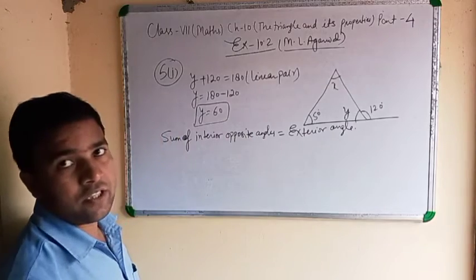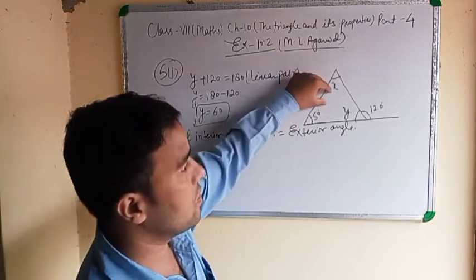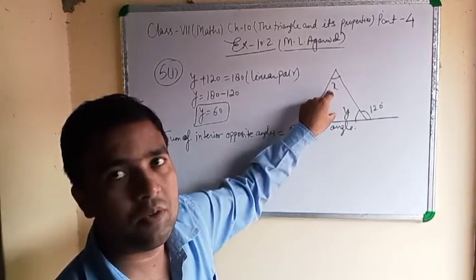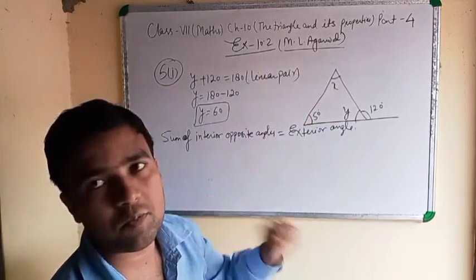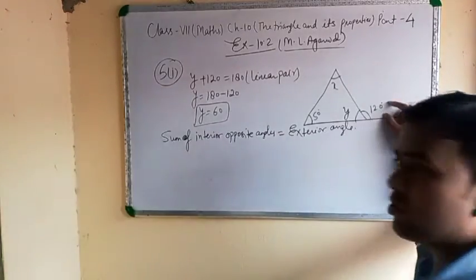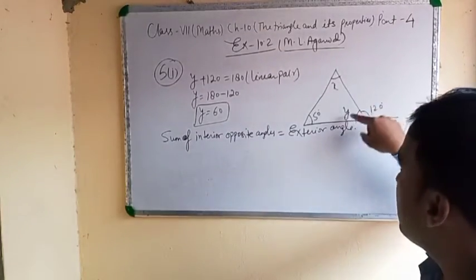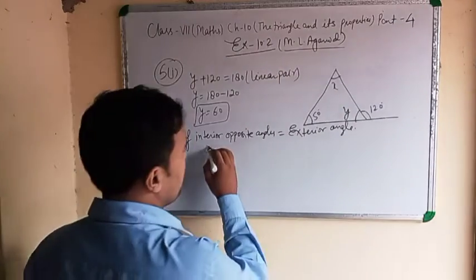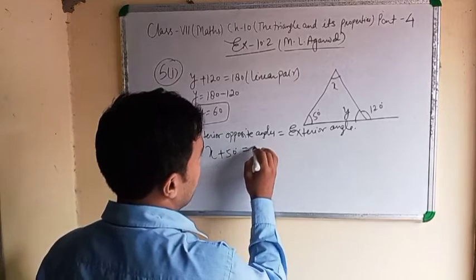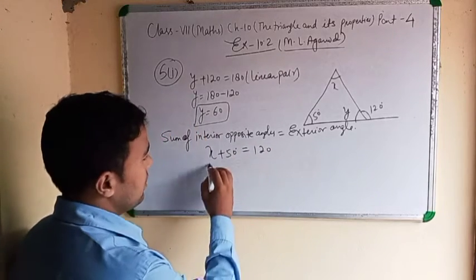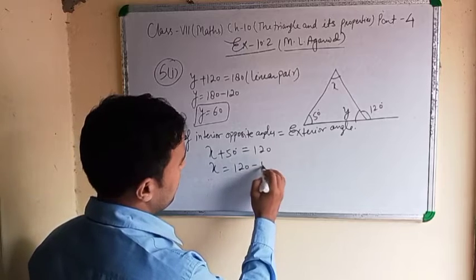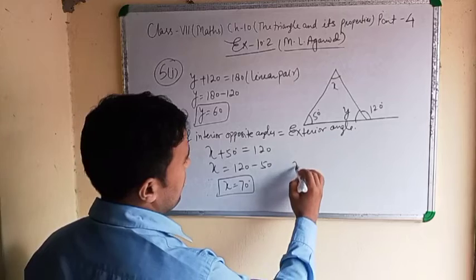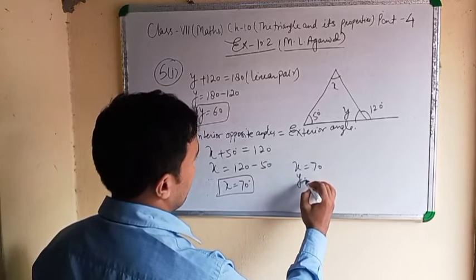Interior opposite angle which? X plus 50, not x plus y. If you take x plus y, the answer will be wrong. Clear? You will take x plus 50. It is the opposite of 120. Not this one, this is not opposite of 120. Clear? Then x plus 50 equal to 120 degree. And x equal to 120 minus 50, x equal to 70 degree. Means x equal to 70, y equal to 60.